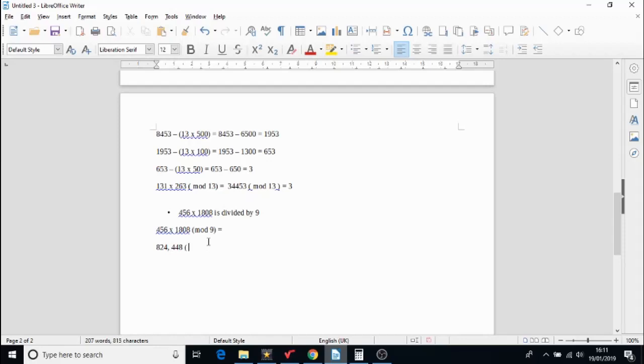So we're going to work out the modulus, modulo 9. How many 9s go into 824,448, and what's the remainder when you divide that by 9? Again, same process as the previous question. We're going to do chunking in multiples of 9 to find the remainder.